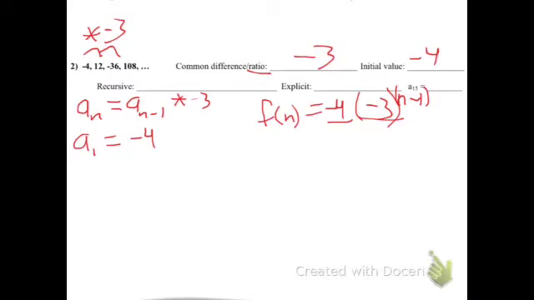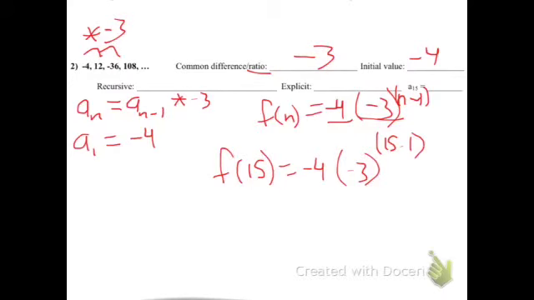And now we're going to use that to figure out what our 15th term is. So plug it in, you got negative 4 times negative 3 to the 15 minus 1 power. And when you calculate that, you're going to get a fairly large number. Please use a calculator. So I'm going to have negative 3 to the 14th power times by negative 4.